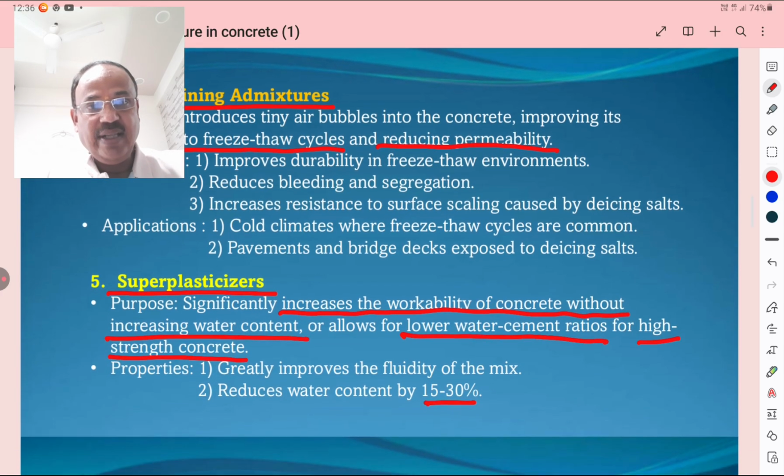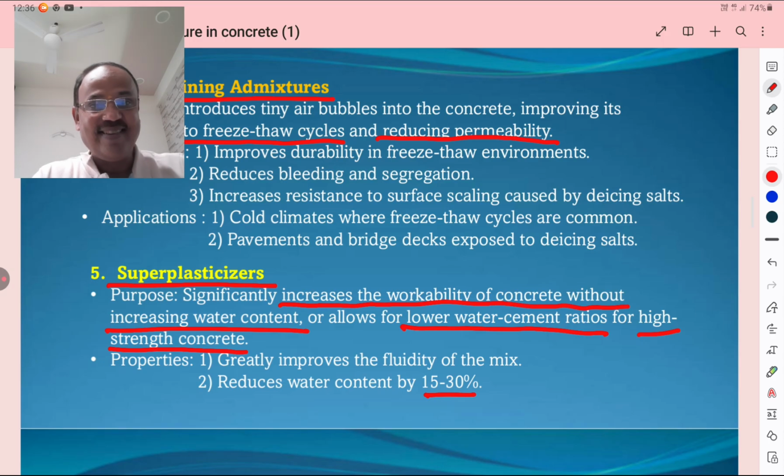Then superplasticizers, I discussed earlier, significantly increase the workability of concrete without increasing water content. That is important. Workability increases with the increase in water content, but it reduces the strength. But superplasticizers increase the workability of concrete without increasing the water content, or allow for low water cement ratio for high strength concrete.